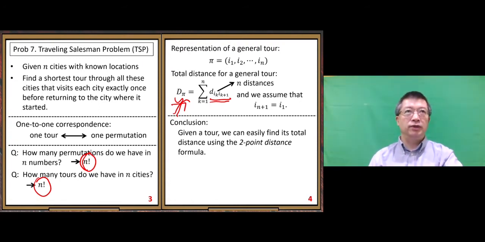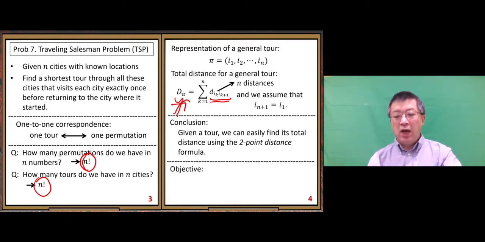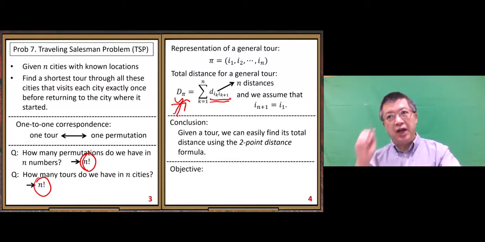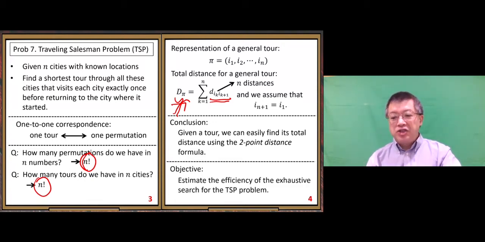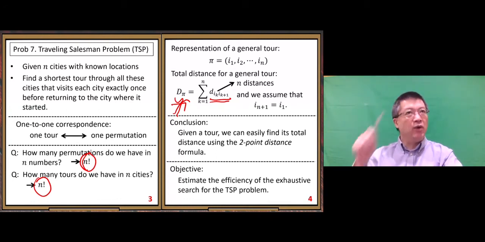The objective of our next step is to estimate the efficiency of the exhaustive search for the TSP problem. If we want to find the shortest tour, what is the efficiency of that exhaustive search algorithm? In our next slide, we want to see it.